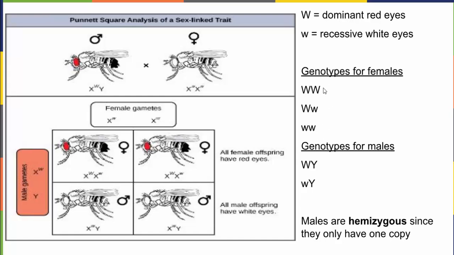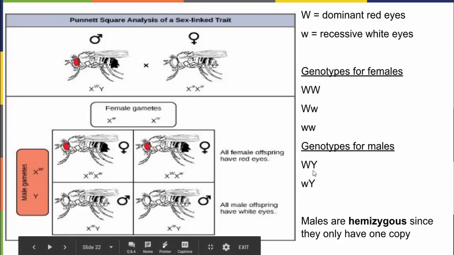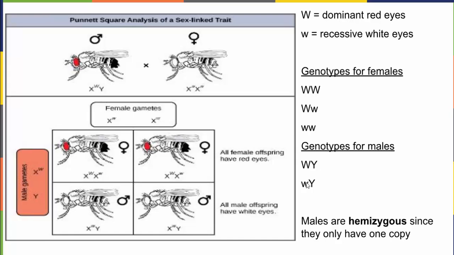So the same as everything we've talked about, with just classical dominance for females. But males, they only get one dose of W because their other sex chromosome is the Y, and the Y does not have this gene. Okay, so we could even kind of ignore these Y's here and just think that the genotype for male is either big W or little w.